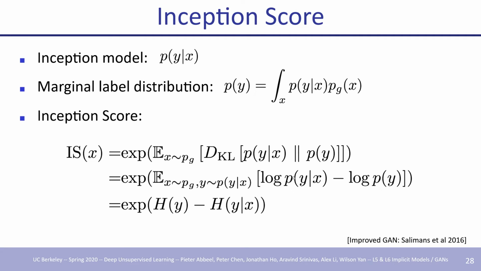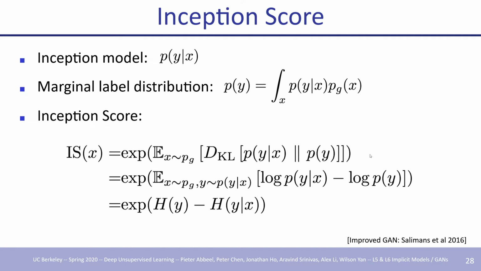And the expectation of a log is the same as the entropy. So it's basically subtracting the entropy of the marginal. We want this to be low, and we want this to be high. So this inception score matches up with what we want to do.